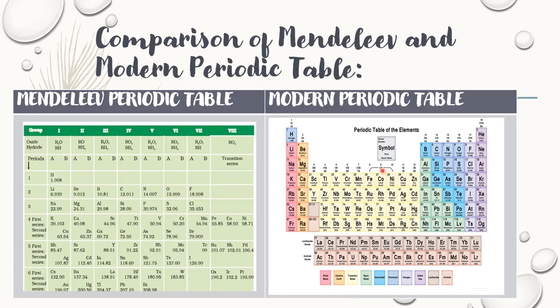You can see it is simply 8. In the modern periodic table, there is a systematic arrangement of elements, whereas in the Mendeleev periodic table, he also tried to the maximum to arrange the elements systematically, but he considered atomic mass as the major property, while Moseley chose atomic number as the major property. This is the basic difference between the Mendeleev and modern periodic tables.